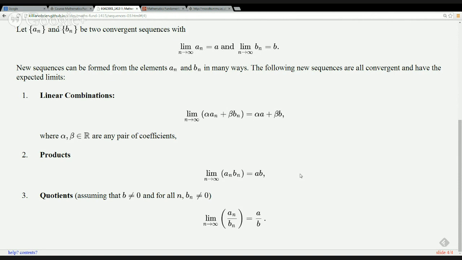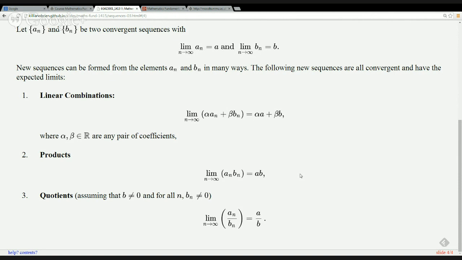So let's try and find that N. Of course, you find the N by controlling the size of this absolute value.